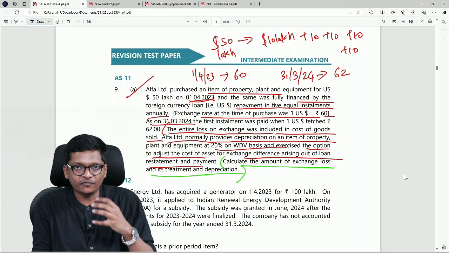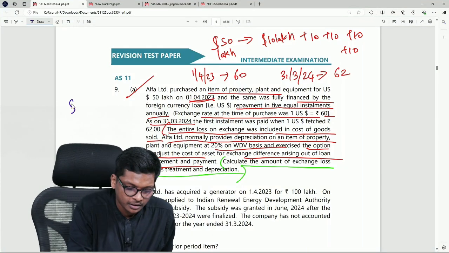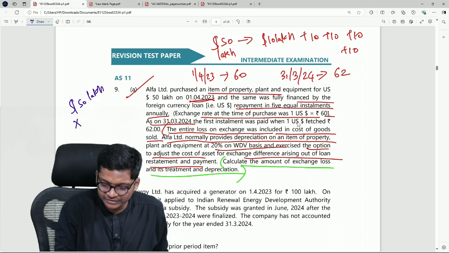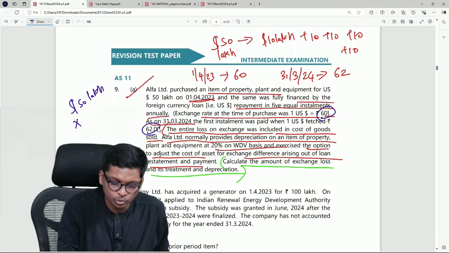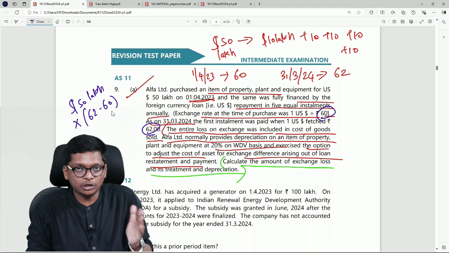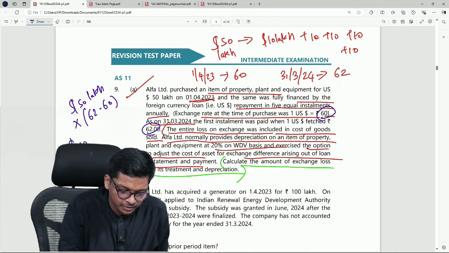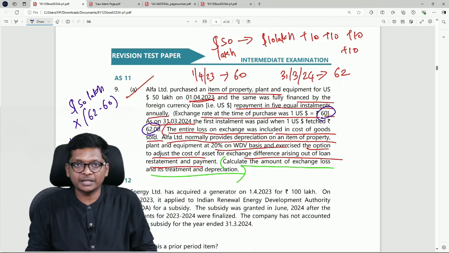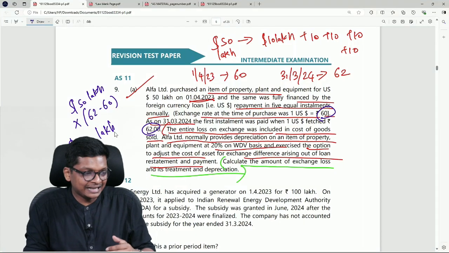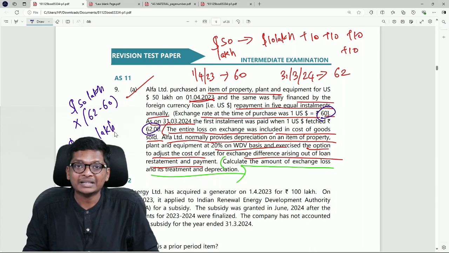So, first you find the loss, guys. Very simple. $50 lakh into, instead of 60, it has become 62. So, $50 lakh into 62 minus 60, into 2, it will become 100 lakh. Look at this. It's going to become 100 lakh extra you are going to repay.